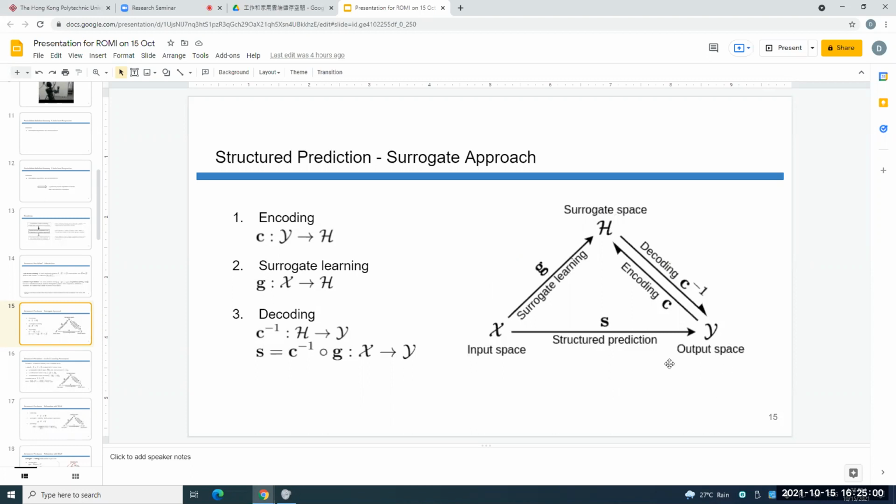So first we assign each quantity in the output space Y a corresponding value in the surrogate space, and we learn this mapping rule. Then given an input X, we have a corresponding value in the surrogate space, and this value also has a corresponding value in the output space. So this problem is simplified.